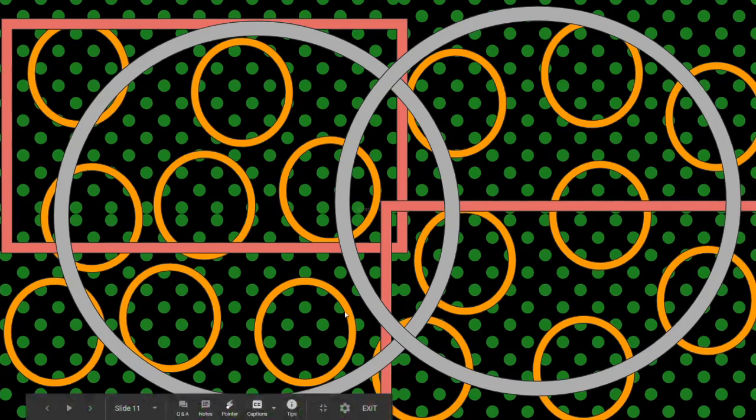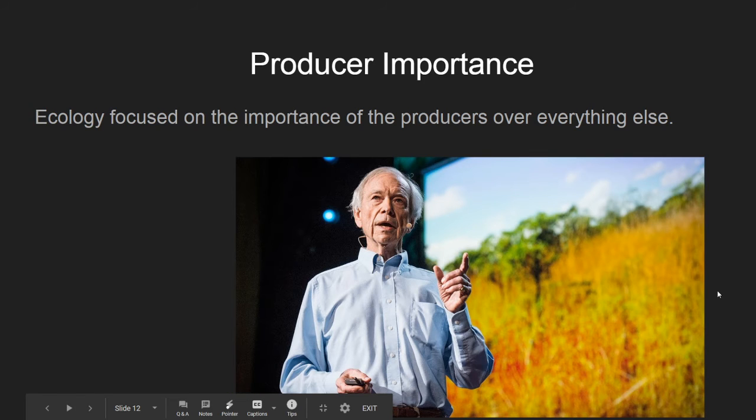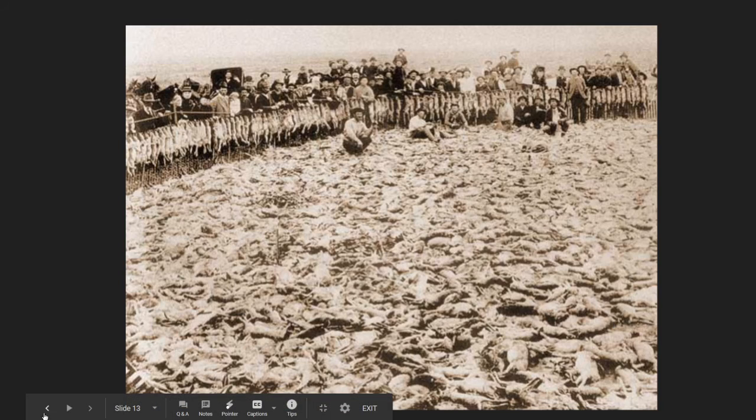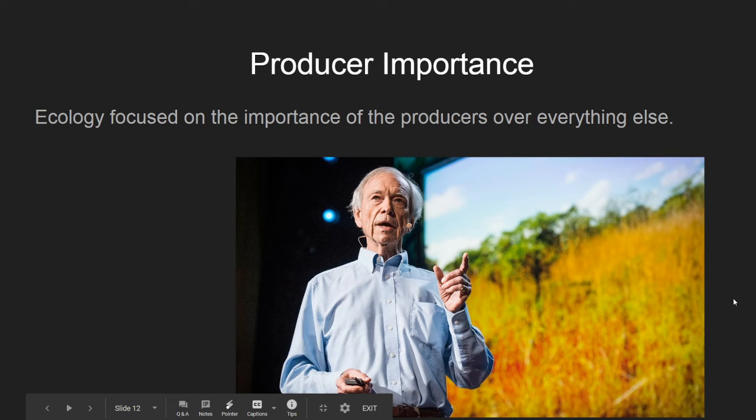So, this becomes super important to understanding how ecology works because we really focused on the producers. They were the most important. They were the bottom of the food chain. They were where all the energy was. And for an unbelievable time of ecology, that is what we focused on.